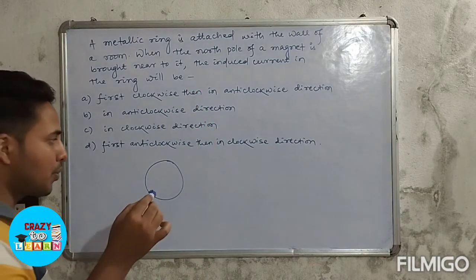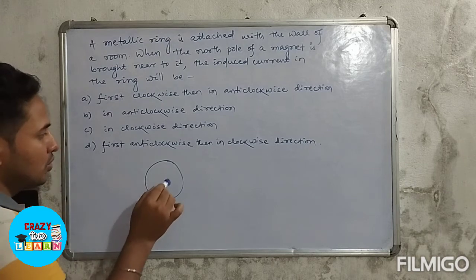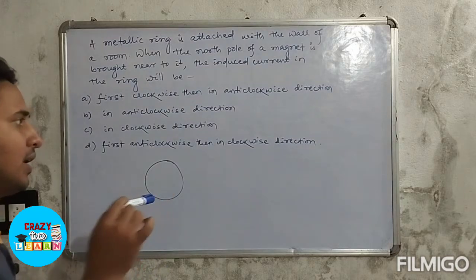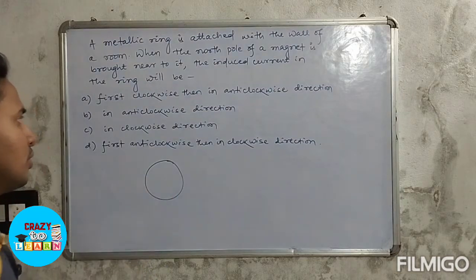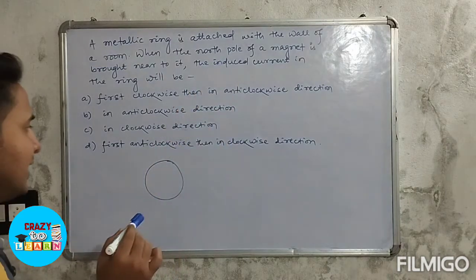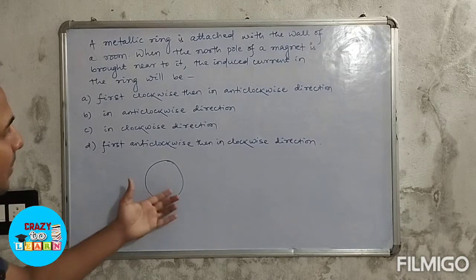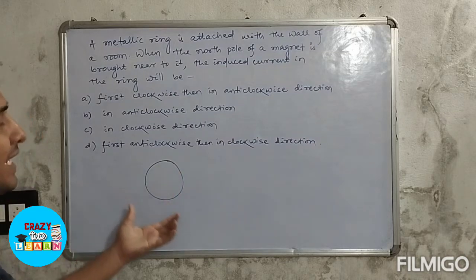When I bring the north pole to the metallic ring, the magnetic flux increases. The magnetic flux linked with the ring increases.